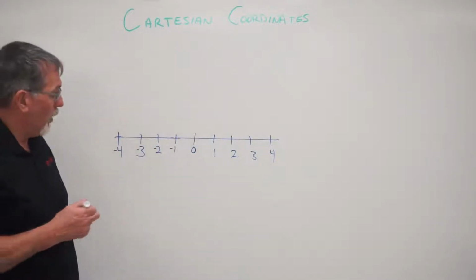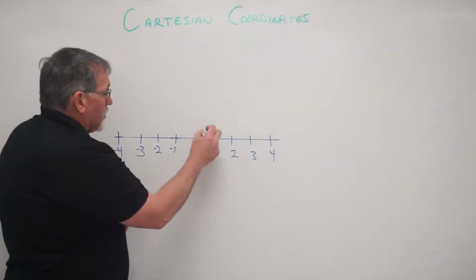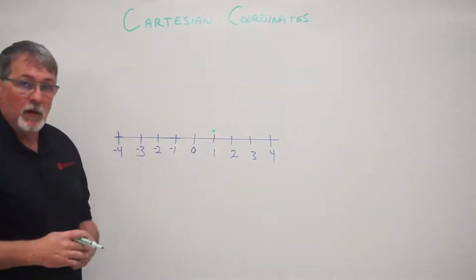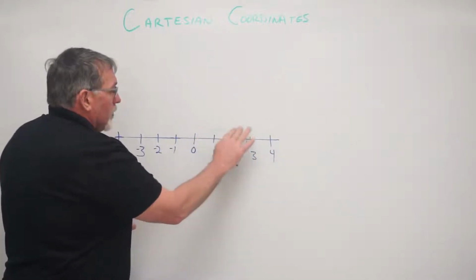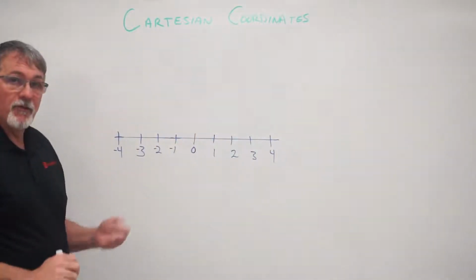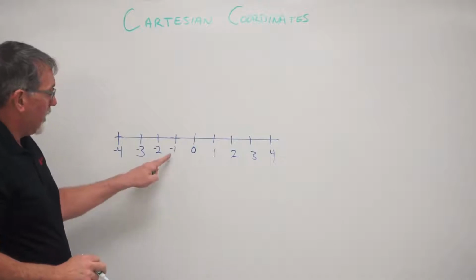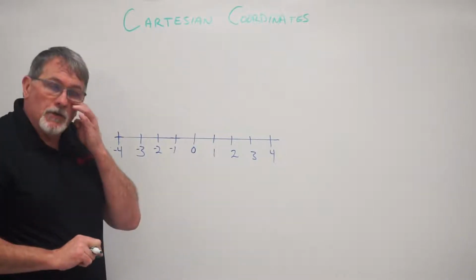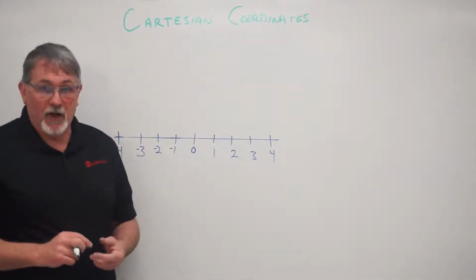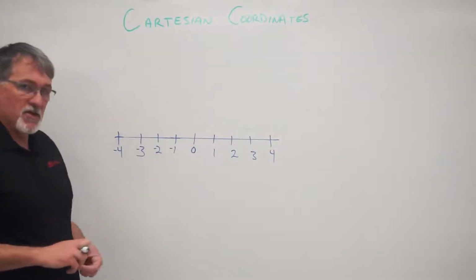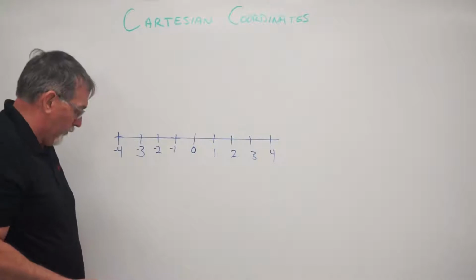So if I told you to move forward 1 inch, you would start at 0 and you'd move over 1 inch. If I told you to move 3 inches, you'd move to this position, 3 inches. Pretty simple. Anything to the left-hand side of our 0 becomes a negative number. So the positive and negative gives us the reference of which direction to head from 0. And that's just a simple number line that you've probably all seen before.